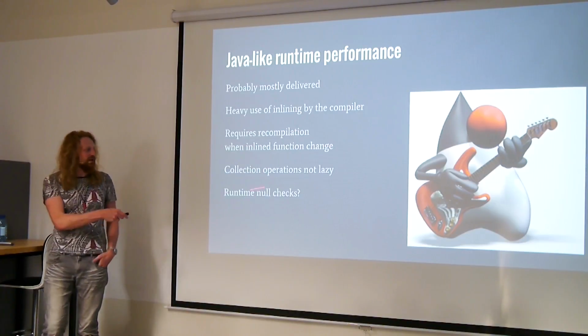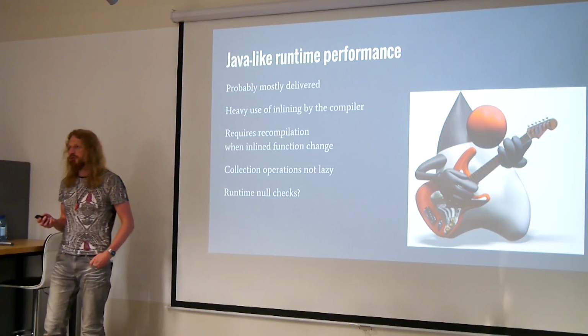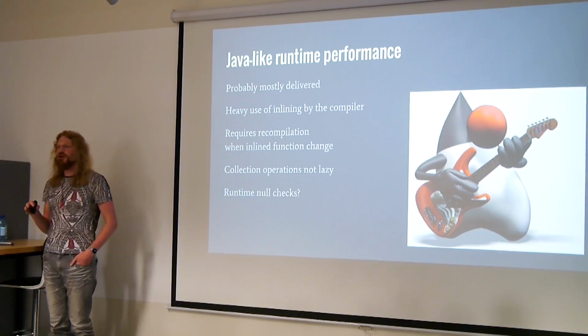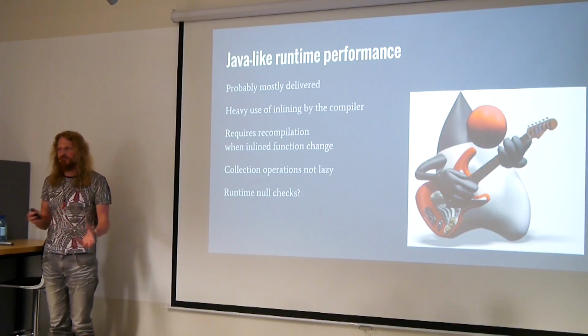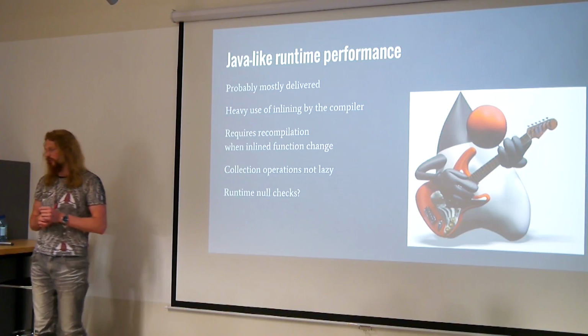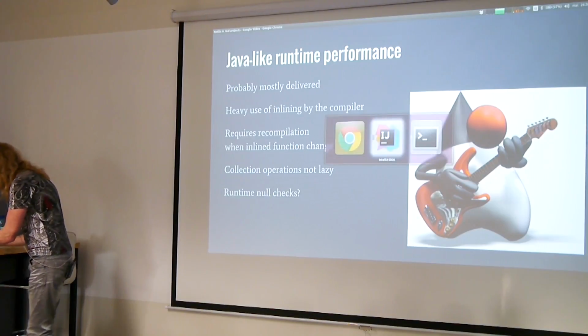What I mean by runtime null checks is what I told you, that sometimes the compiler will insert additional null checks into your code, and at runtime they will see if something is null and throw an exception. I'll demonstrate it to you.